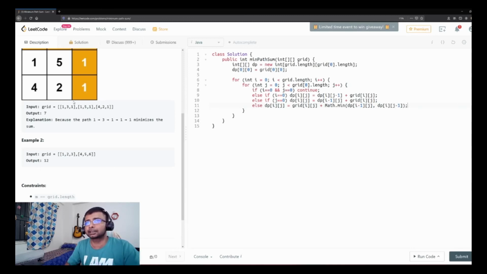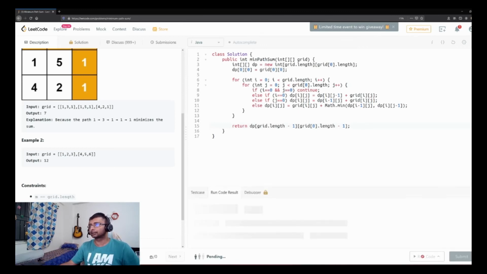These are the two cells we take the minimum from. And as we are done processing, we know our answer would be ready in the DP table at the last row, last column. So we can say grid.length - 1 and grid[0].length - 1, because they might be of different sizes, so it could be either one. This is a very straightforward solution.